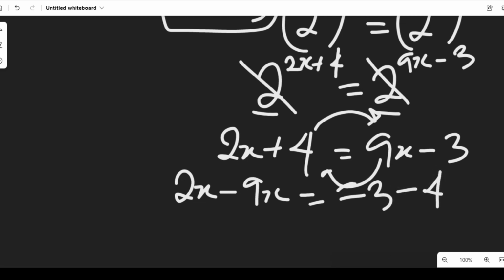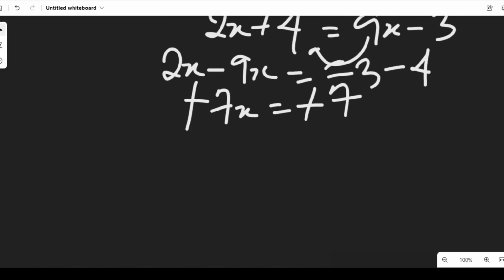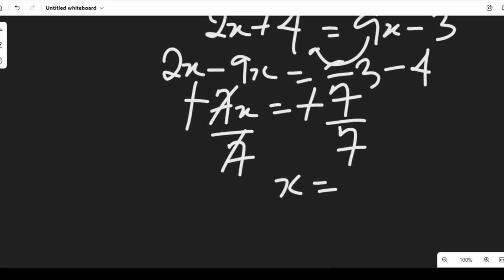So 2 minus 9 will give us a negative 7x, and this will be equal to a negative 7. So the negative will clear the negative, and then we'll have this part divided by 7 and this part divided by 7 to find the value of x. So over here, x will be equal to 1.